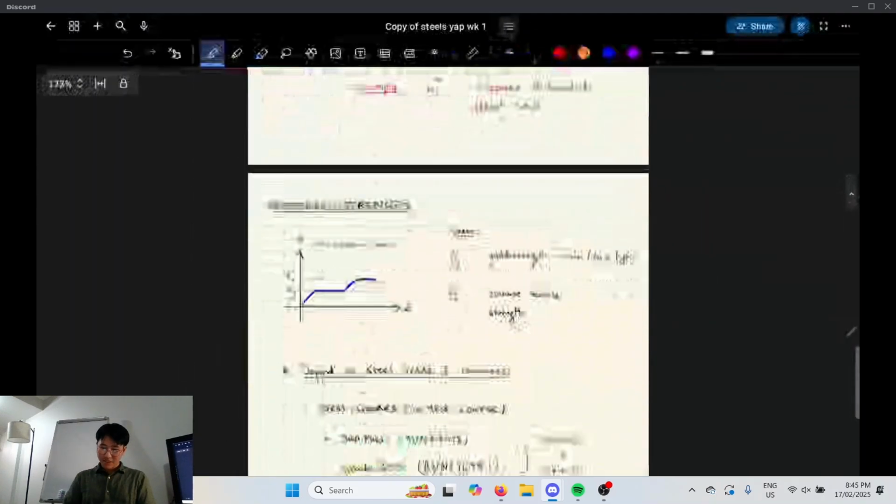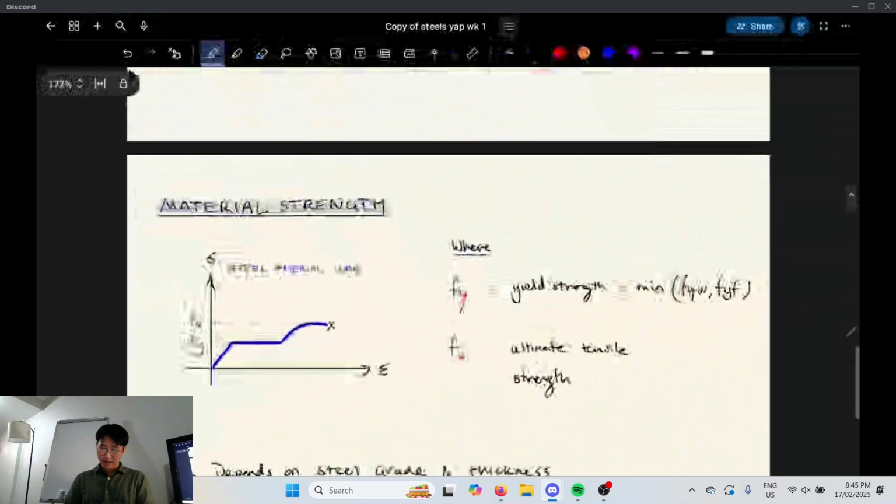Okay, material strength. So steel has a metallic lattice essentially, right? It's a bunch of positively charged ions, and you have your sea of electrons. Essentially, steel's ductile, and it's really strong.